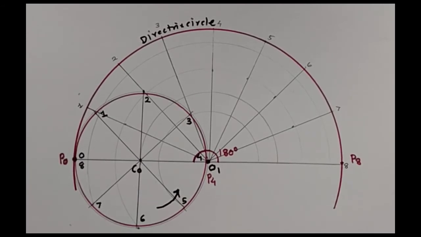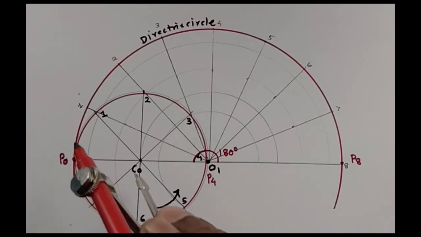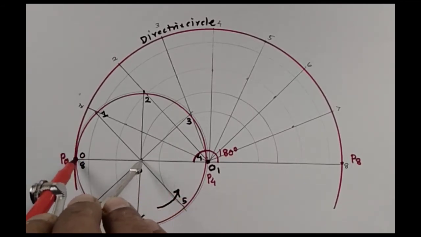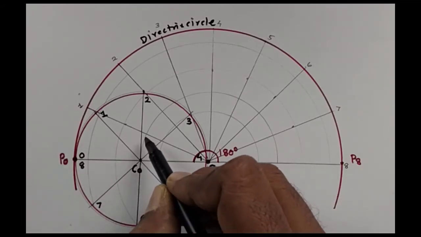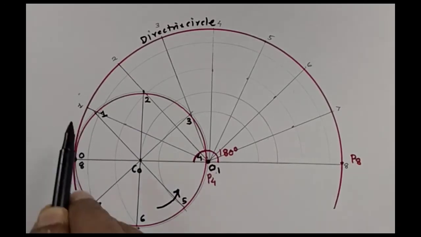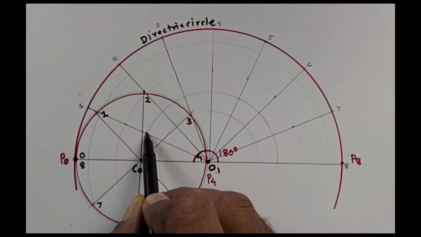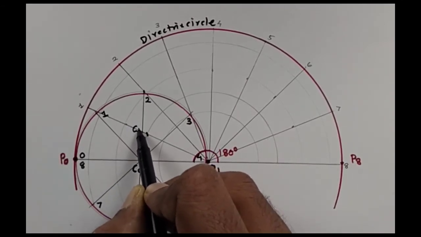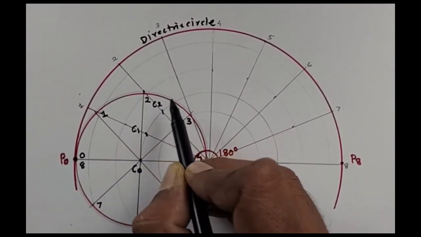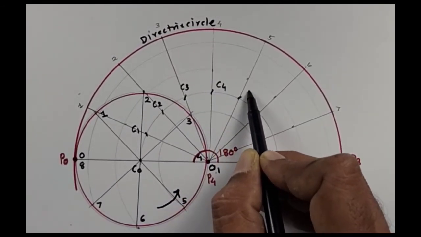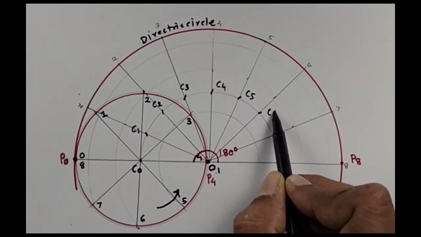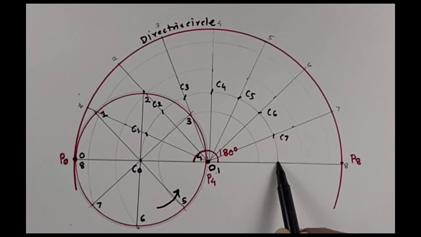Now for the remaining points, we take the radius of the rolling circle. Whichever center points I get, suppose the O1 1 line intersects our center circle, that is my C1 position, this is our C2, this is our C3, this is our C4, this is C5, this is C6, C7 and C8.